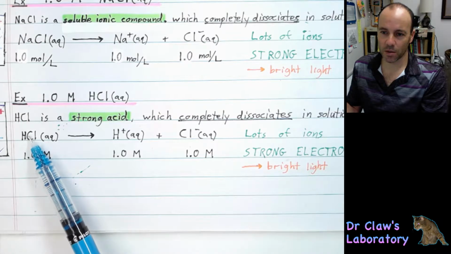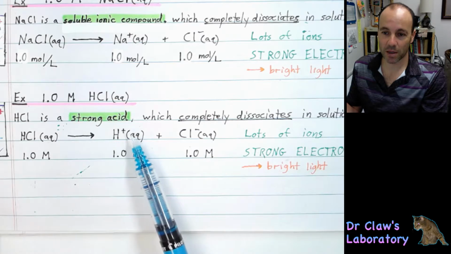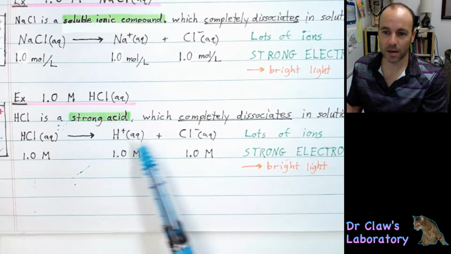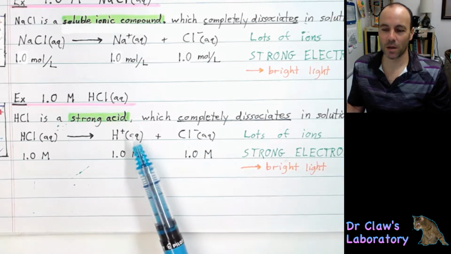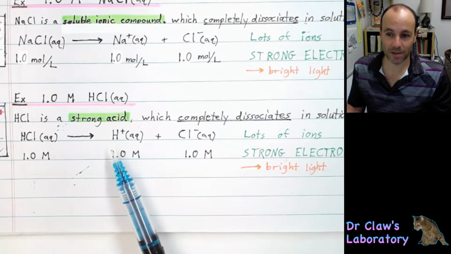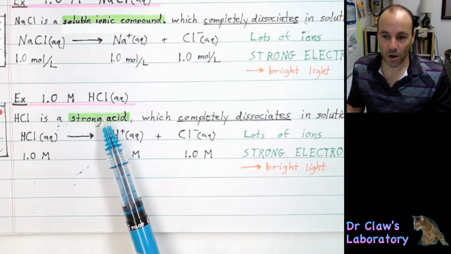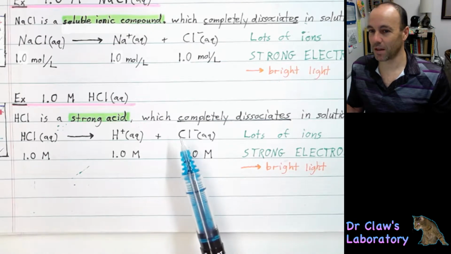When this dissociates, you have an H plus cation, that's a proton cation, and then the chloride anion. So that's what acids do, is they give you anions and cations, but the cation is always an H plus. Okay? And strong acids are the ones that completely dissociate in solution.